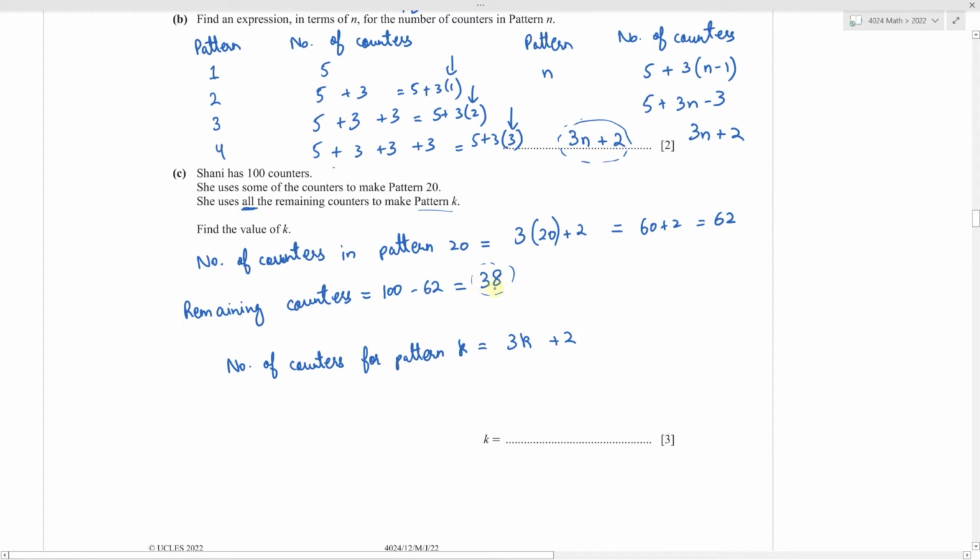So remaining were 38 and all were used. So 38 equals 3K plus 2. And now we can find pattern number K. If I bring this 2 here, this will become 36 equals 3K. And this gives me K equals 12. So pattern K is pattern number 12, because your value of K is 12 here.